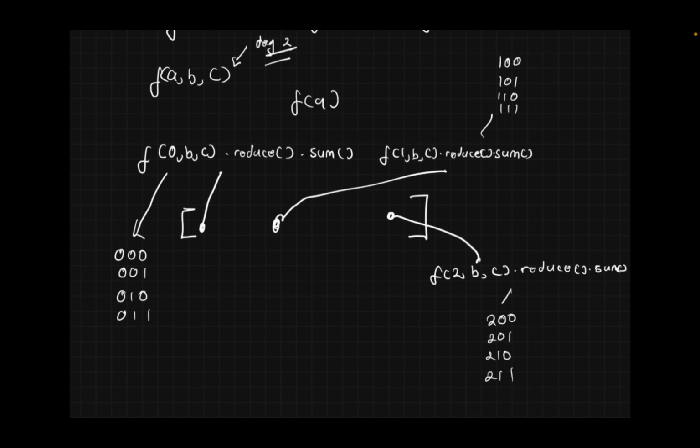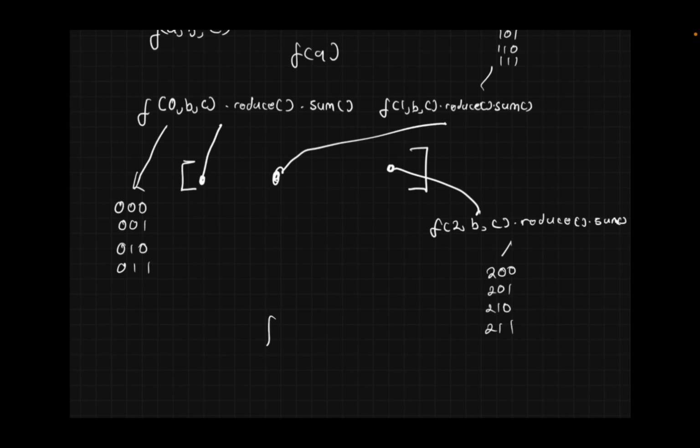The normal way you would do it, right, is you would do f of A, then you sum BC over the Boolean hypercube, right? So that's supposed to give you like A 0 0, A 0 1, A 1 0, A 1 1, right?